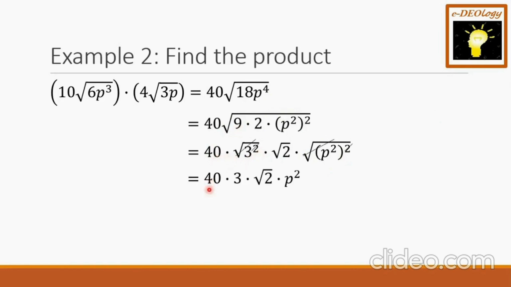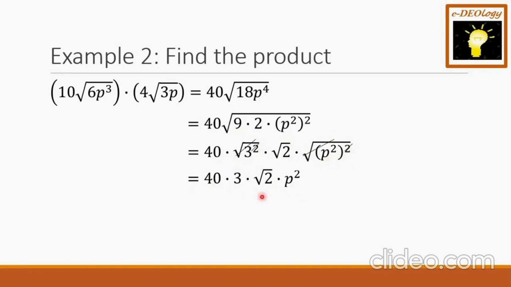I copy first the 40. On this term, I cancel the radical along with that power 2. So only the base 3 will come down. For the square root of 2, we simply copy here. For this term, we cancel the radical along with that power 2. So only the base p square will come down here.